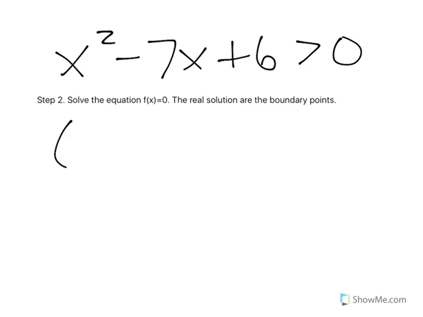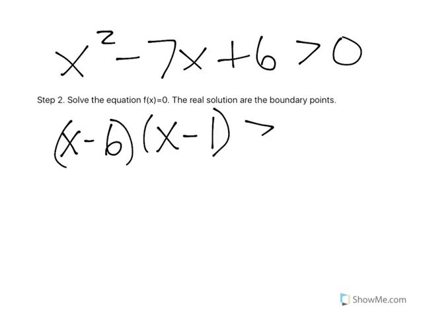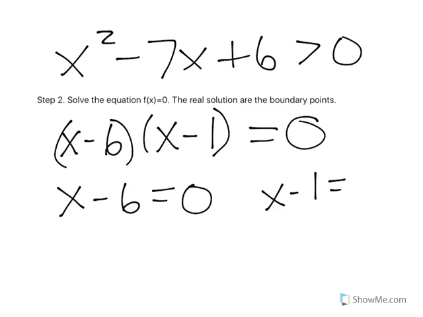If we factor this, we're going to have x minus 6 times x minus 1 equals 0. Once we do that, we set each of these equal to 0. x minus 6 equals 0 and x minus 1 equals 0. From there, we have x equals 6 and x equals 1.